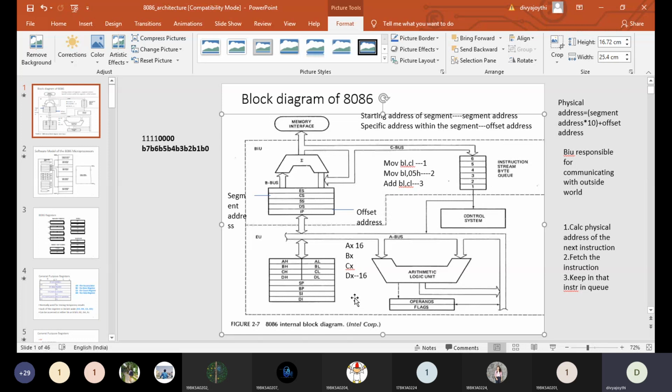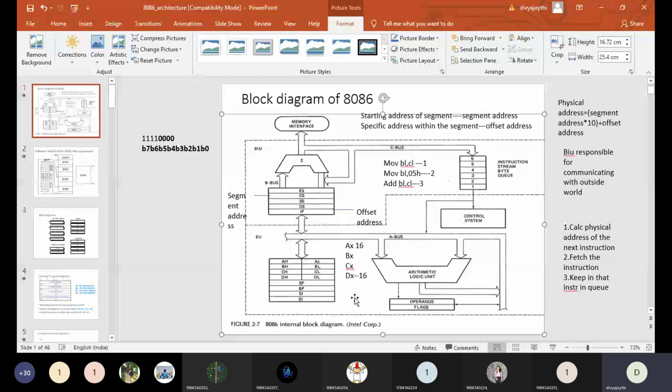So totally within the 8086 microprocessor, there are 5 registers which will hold the offset address. Guys, are you clear? There are 5 registers which will hold the offset address. Those 5 are named as instruction pointer, stack pointer, base pointer, source index, destination index.